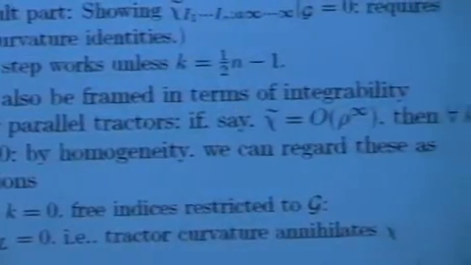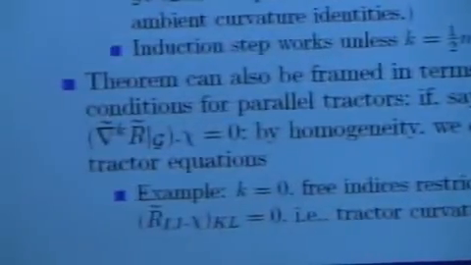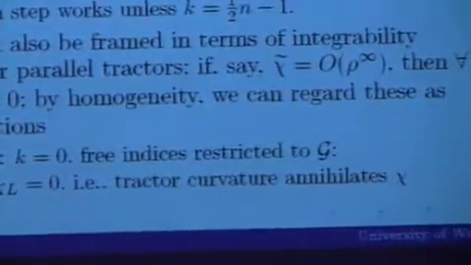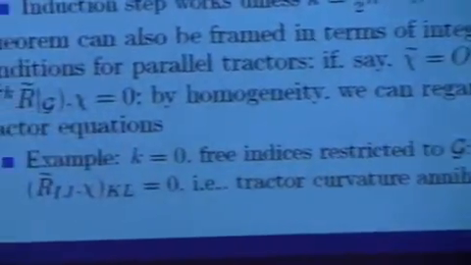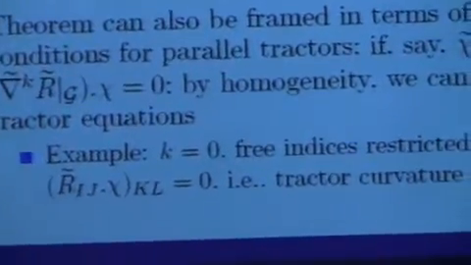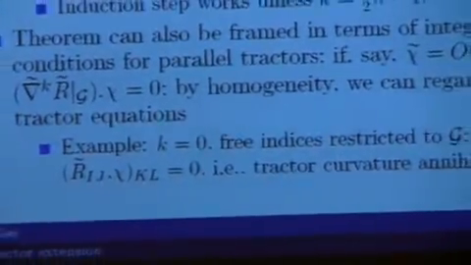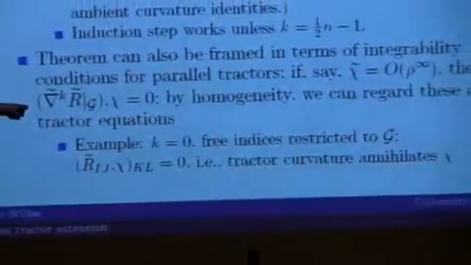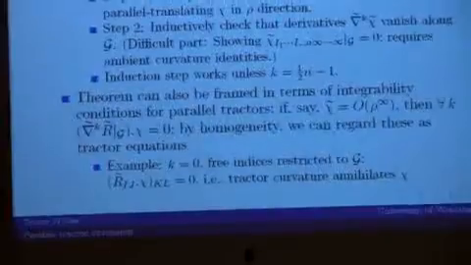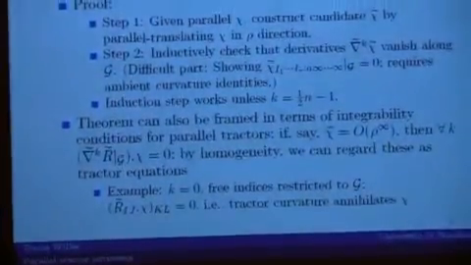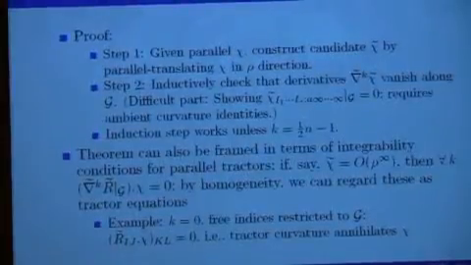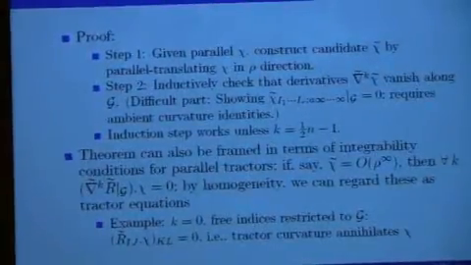And here, this is just the standard p plus 1 q plus action, or q plus 1 action. And so in particular, we can regard this condition right here as a condition on tractors. And letting k vary, and also choosing different combinations of indices, we can come up with a large list of integrability conditions for parallel tractor tensors. Okay.